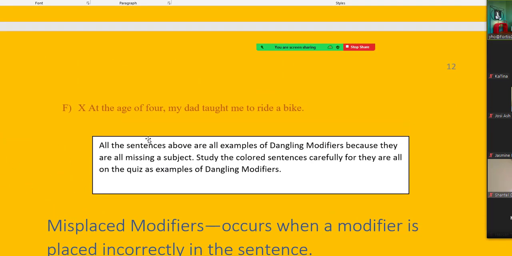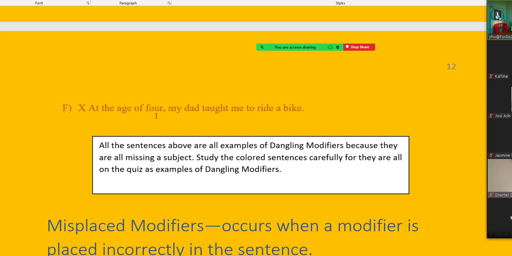At the age of 4, my dad taught me to ride a bike. And so I just went over this: whatever it is, this is called a modifier, and it's supposed to modify a noun. The noun's supposed to come right after the modifier. And so if you have an incorrect modifier, or it's missing, that's known as a dangling modifier.